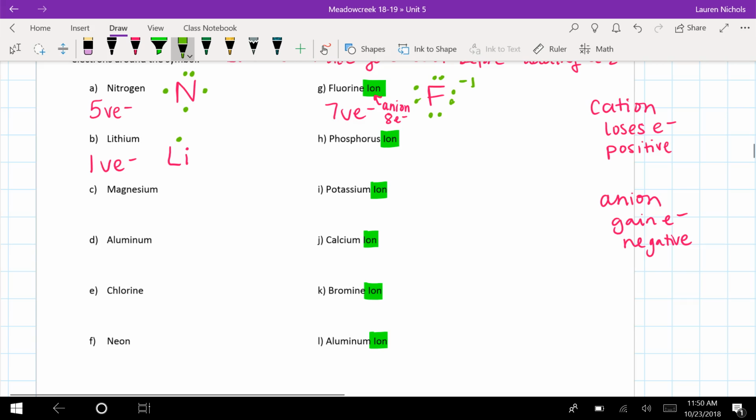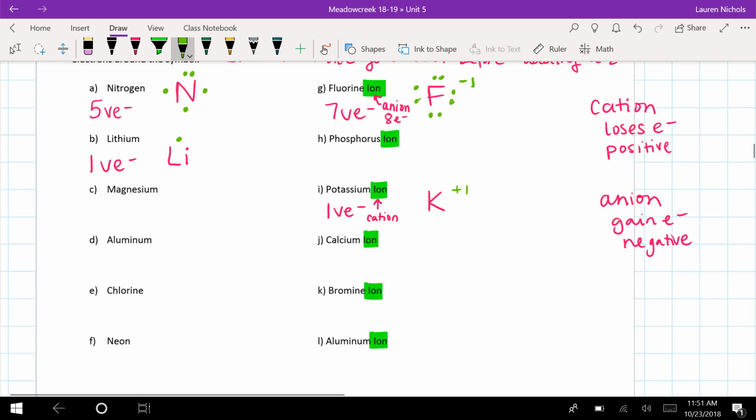Now if we look at I, potassium ion, potassium symbol is K, and normally it has 1 valence electron. However, when it forms an ion, it's going to form a cation, which means it's going to lose that electron. And so instead of potassium normally having that 1 valence electron, it loses it, so the electron goes away, and we have a +1 charge.